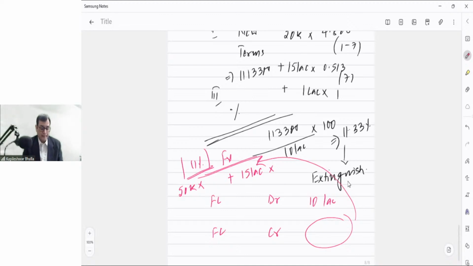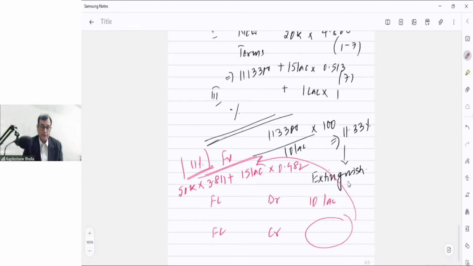So let's consider at 11%, 1, 2, 3, 4, 5, 6, and 7. So I think the factor at the end of the 7th year is 0.482, and the cumulative factor is 3.811. So we are taking the present value of the new cash flows using the new effective interest rate.